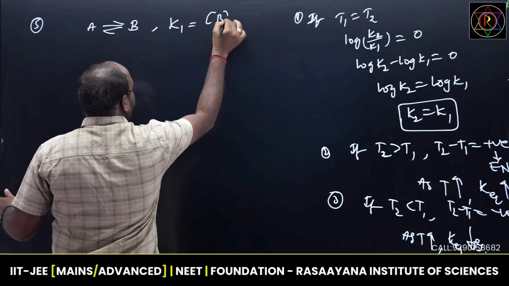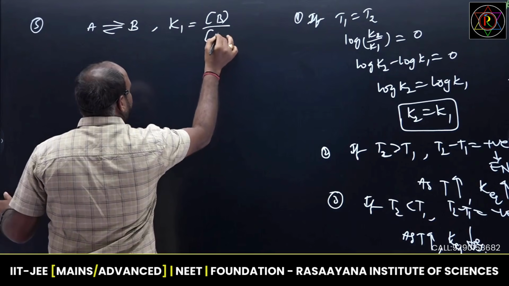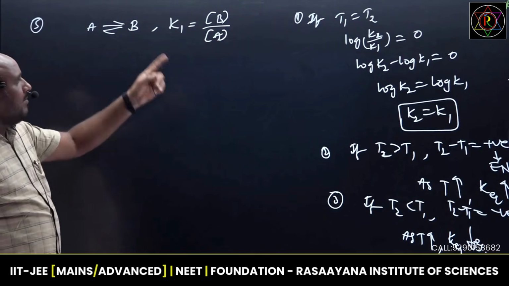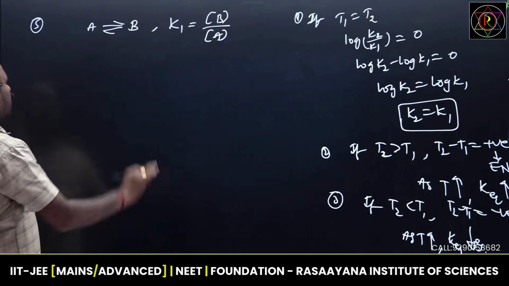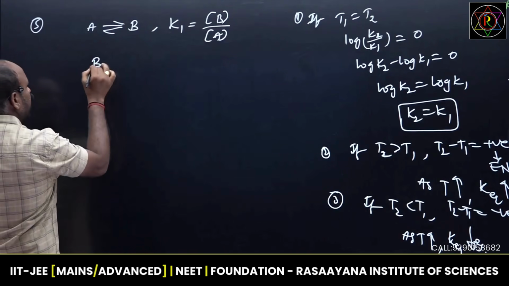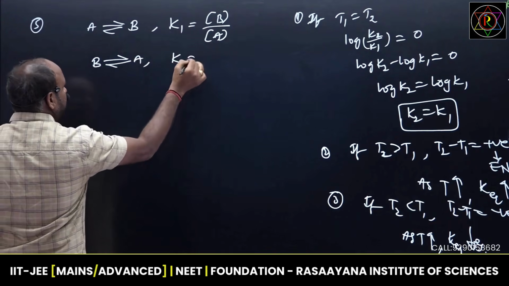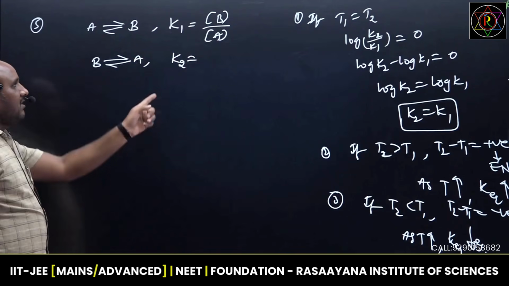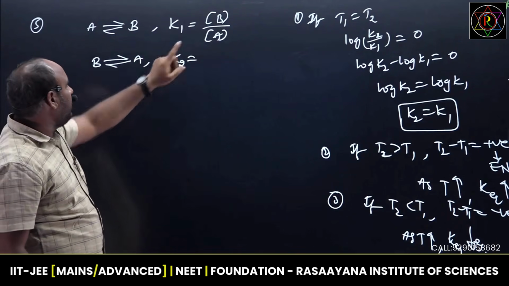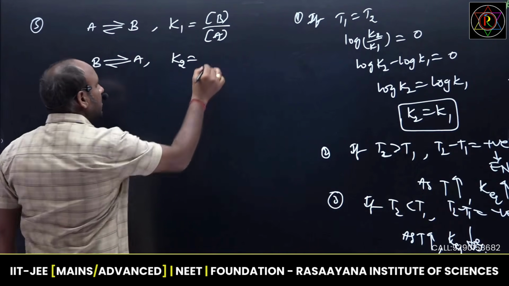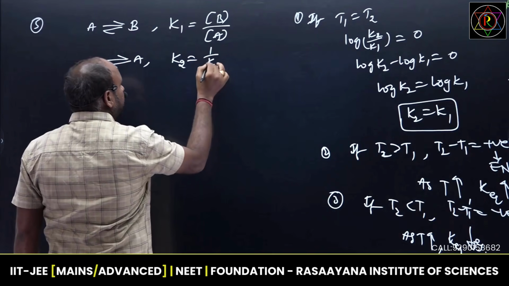In terms of concentrations, it is the concentration of B by the concentration of A. In terms of pressure, it is PB by PA, right? If the reverse reaction is carried out, that means B is in equilibrium with A. So what is the equilibrium constant? This K2, expressed in terms of K1, is the concentration of A divided by the concentration of B, therefore we get 1 by K1, right?